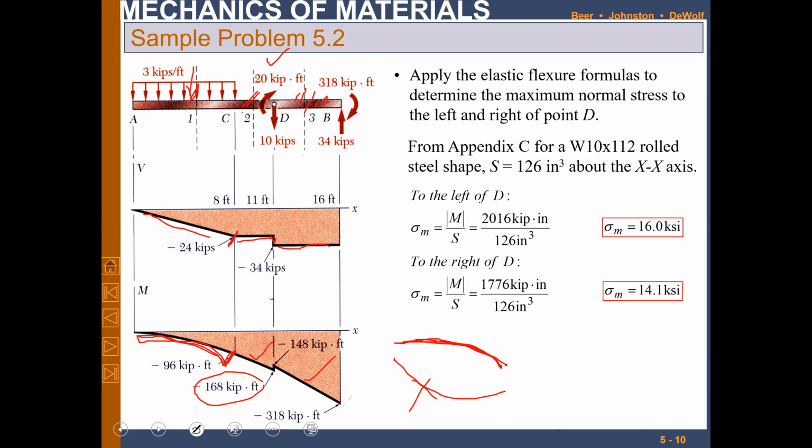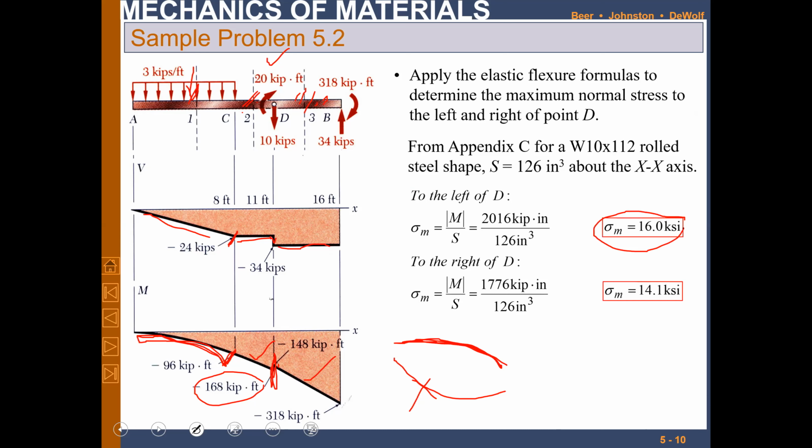So the maximum moment to the left of D will be 168 kips feet left of D. This is the D point. So this is kips into feet, so you convert it: 168 multiplied by 12, that will be kips inch, divided by 126 inch cube. So you will have this one, right?